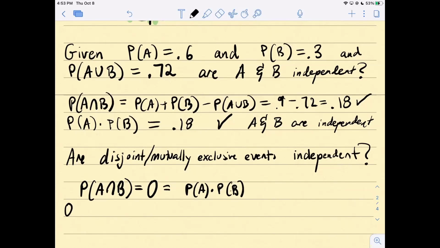So they're only independent if one event has a 0 probability.